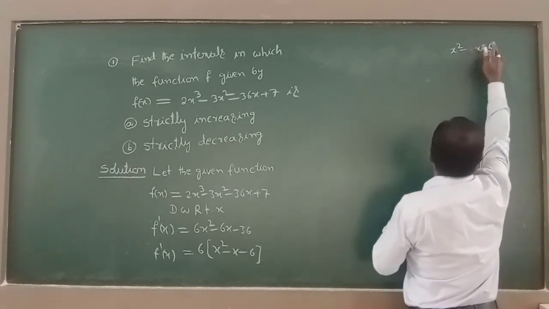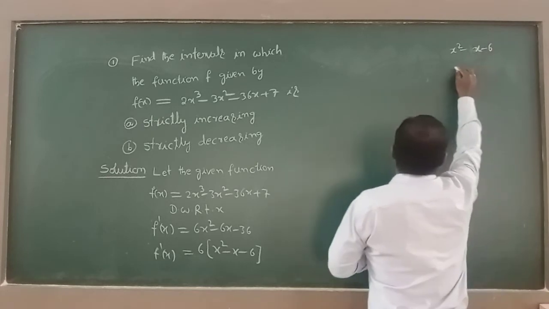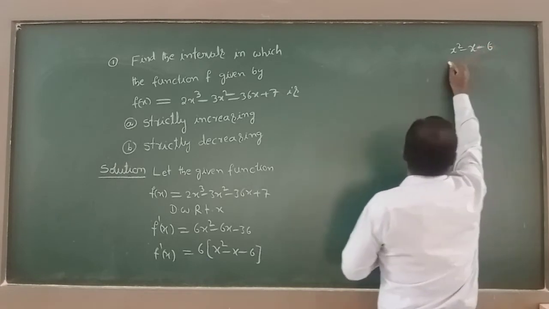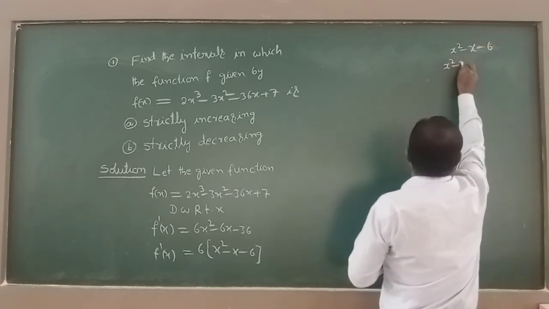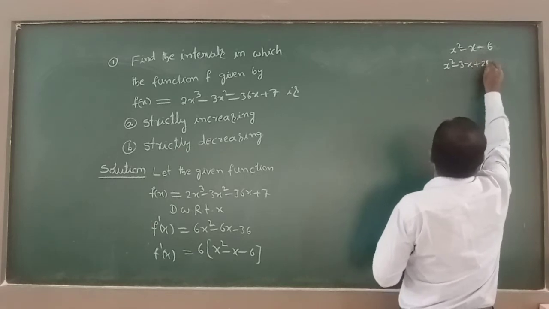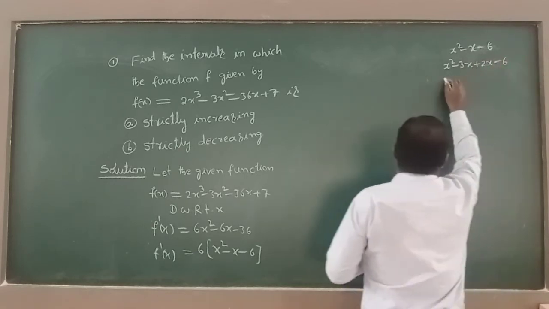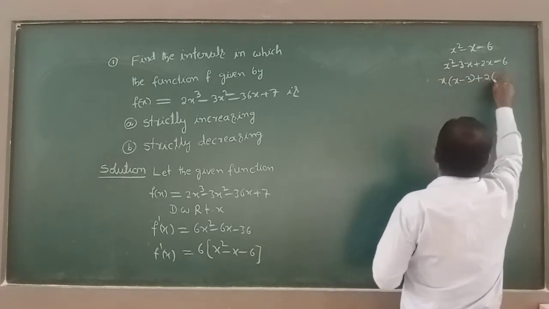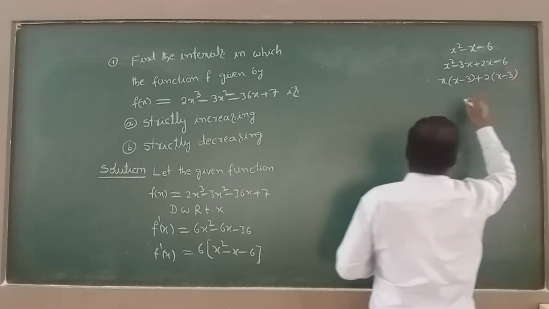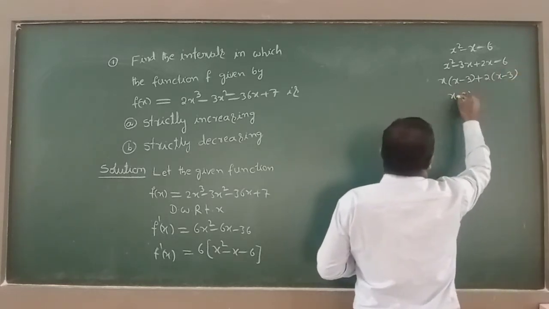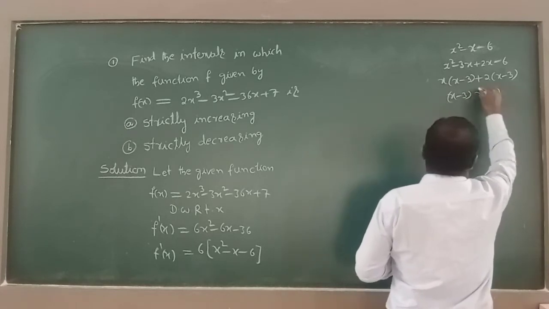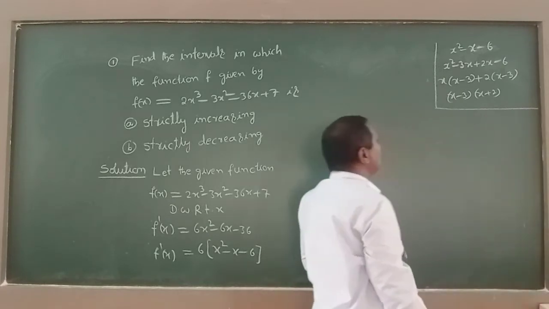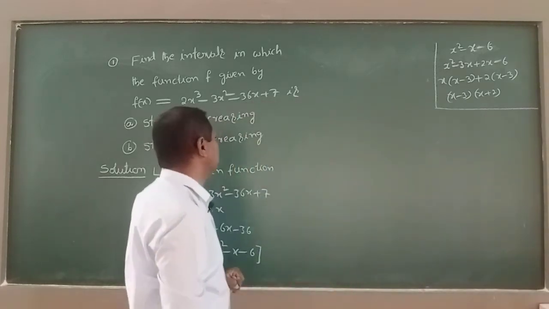For that, we split the middle term: x square minus 3x plus 2x minus 6. Take x common, we get x into x minus 3, plus 2 into x minus 3. Taking x minus 3 common, you will get x plus 2. Like that we have the product of factors for the given quadratic polynomial function.